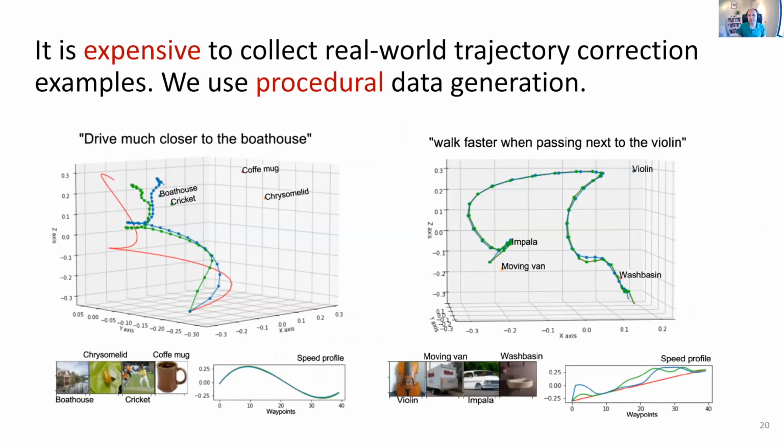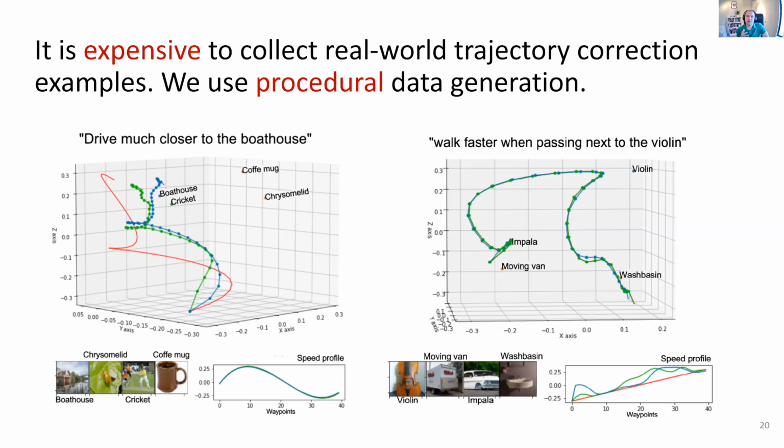A trick that we used was that, especially for robotics, we don't have a data set of corrections of robot trajectories, so we had to create our own. For those of you who are working with things that are maybe not exactly in a purely textual domain, you might have to use this sort of procedural data generation using some heuristics.